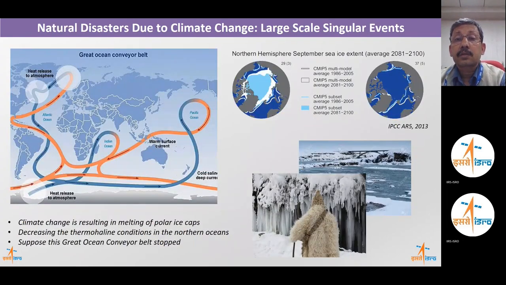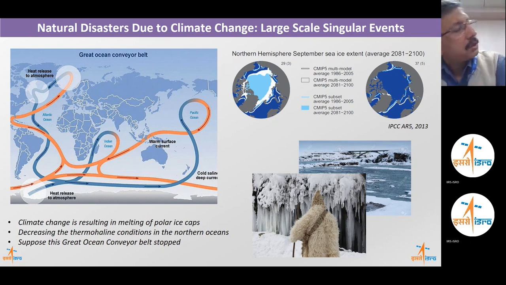And it's not just that. There can also be something like large-scale singular events. As you all know, there are warm currents and cold currents in the oceans. And it is these combination of warm and cold currents which maintain the climate as we know now.